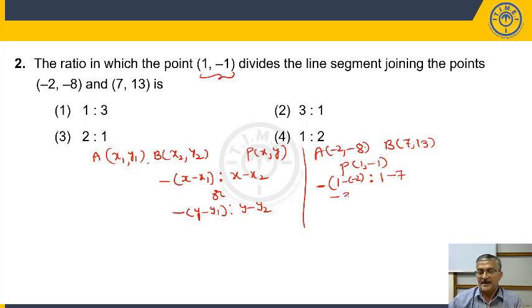That is -3 is to -6, which is nothing but 1 is to 2. So what is the correct answer? 4 is the correct answer. So the formula is minus of x minus x1 is to x minus x2. Or we can also use the minus of y minus y1 is to y minus y2.